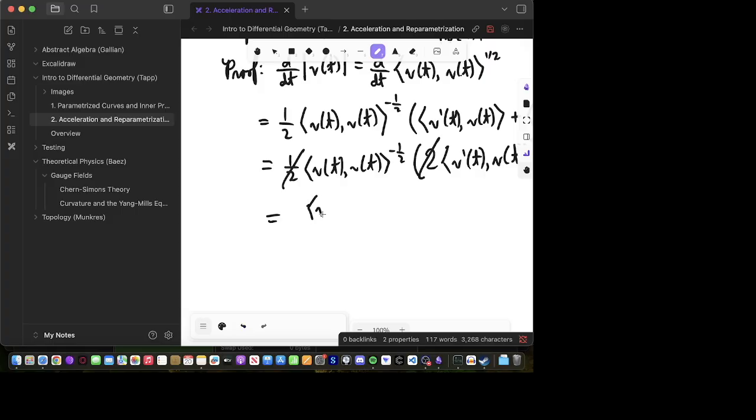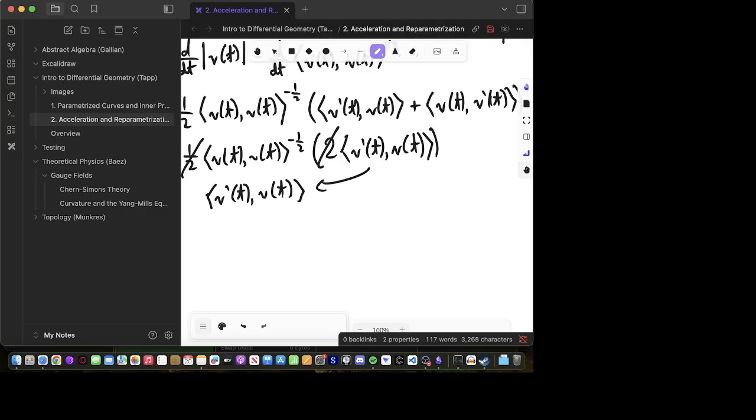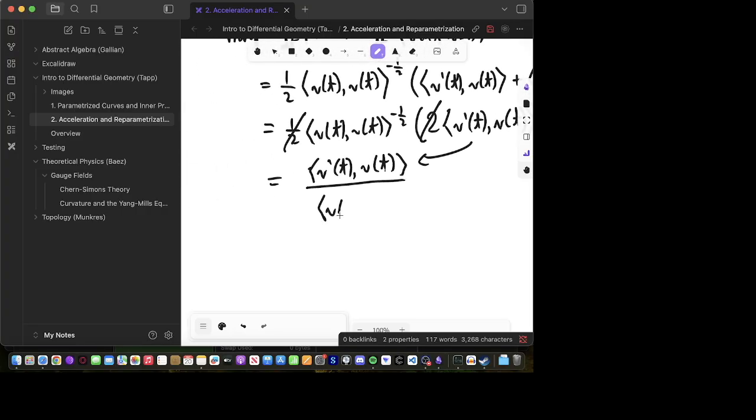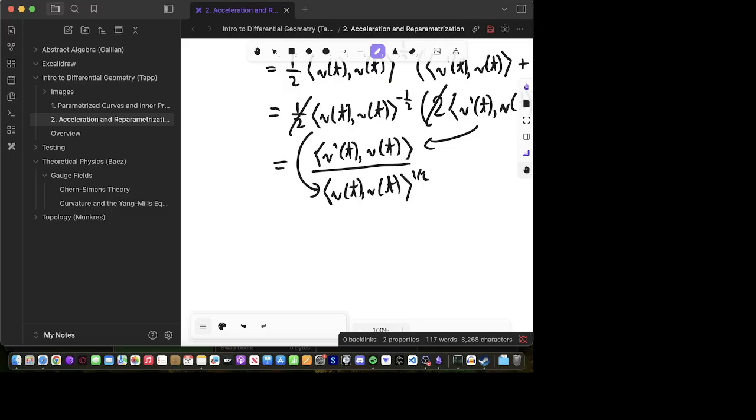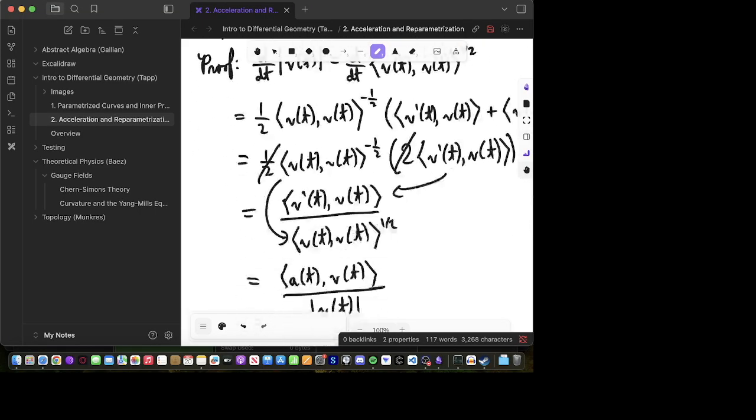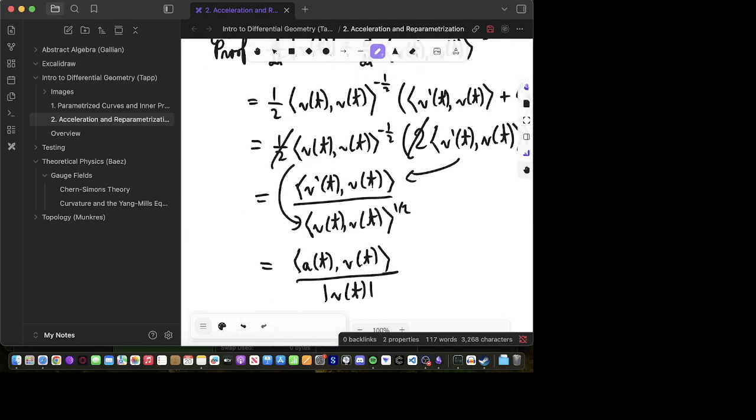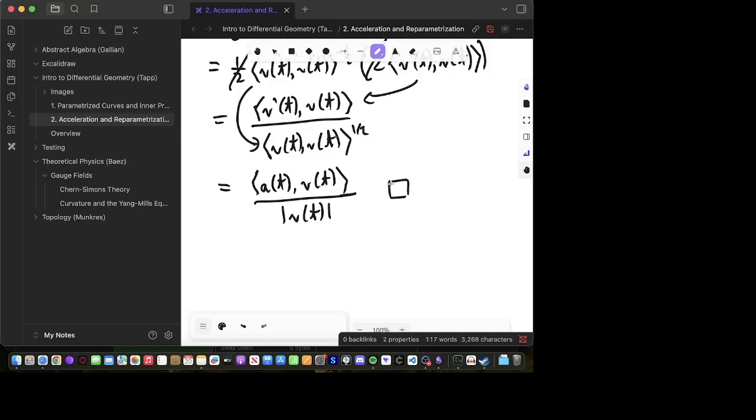We get v prime of t, v of t, over v of t, v of t, to the power of 1/2. But remember, v prime of t is equal to a of t, so we get this. And remember that this is equivalent to the norm of v of t by the definition of the norm. And if we look at our proposition, that is exactly what we are supposed to get. And therefore, our proof is complete.